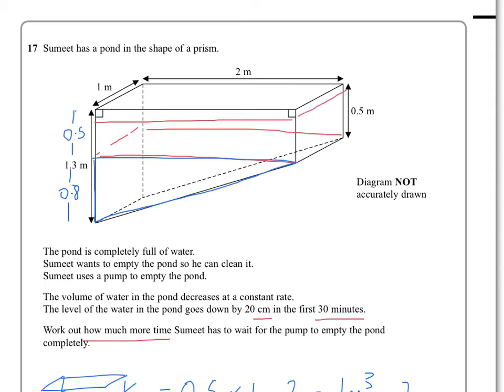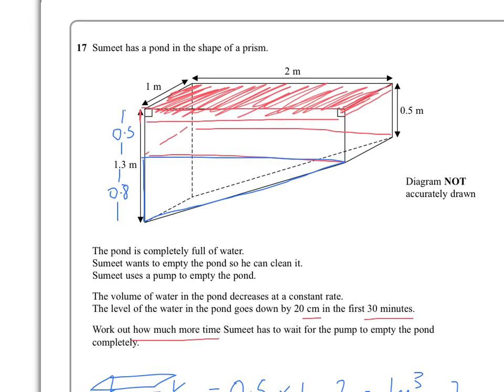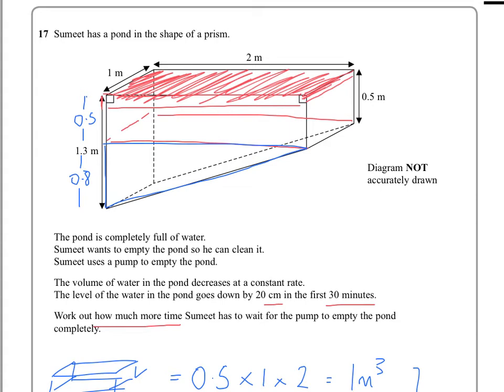But it's not enough to just say it's 0.2, because that represents an actual volume of water. If you think about it, it represents all of this here, and it's an actual volume. So to work out that volume, we'll do 0.2 times this length there, which is 2, times this length there, which is 1.